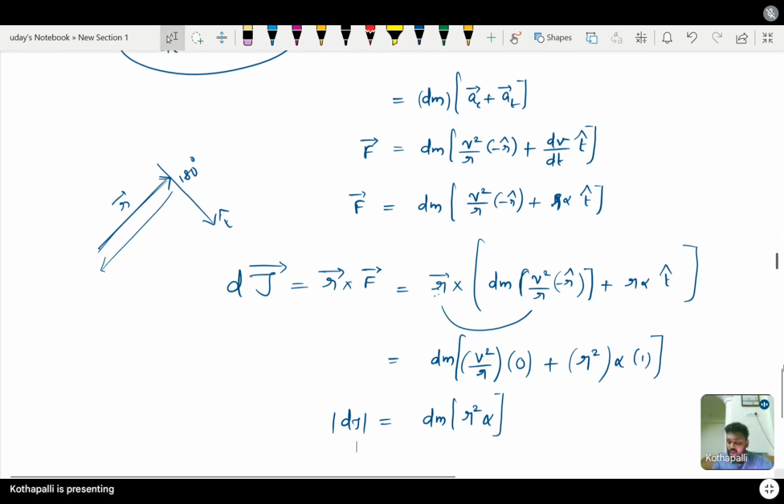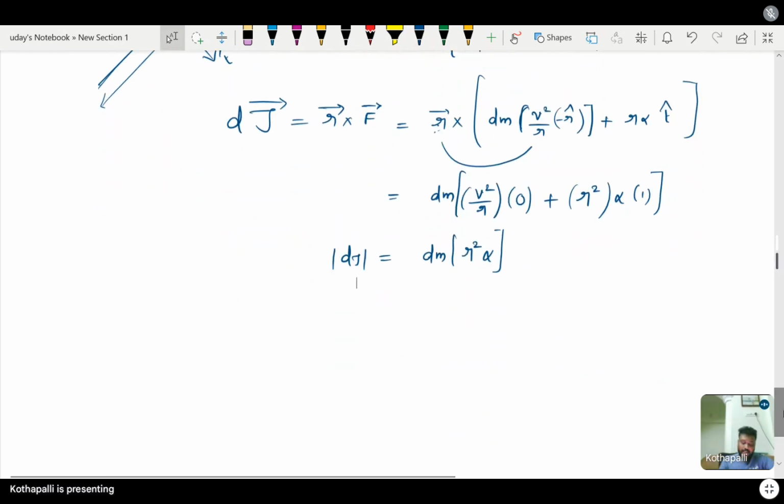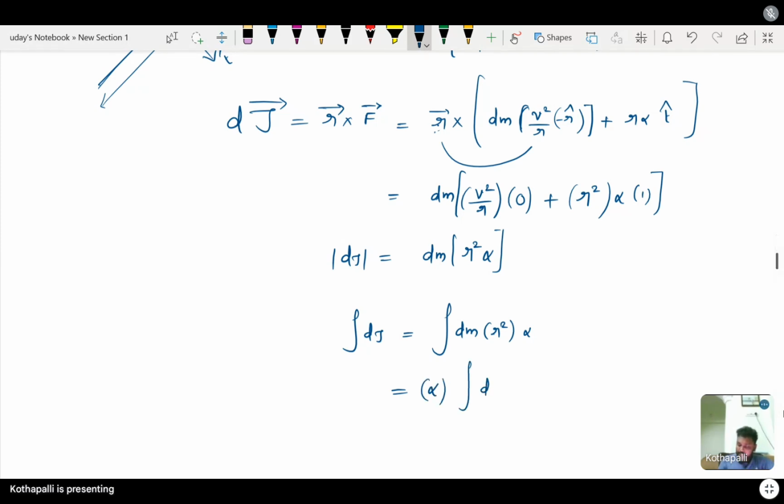So what will be the total torque if I take it for the entire body? Integral of d tau is equal to integral of dm into r square into alpha, that is nothing but alpha into integral of dm into r square. Integral of dm into r square is nothing but the moment of inertia about the axis of rotation.